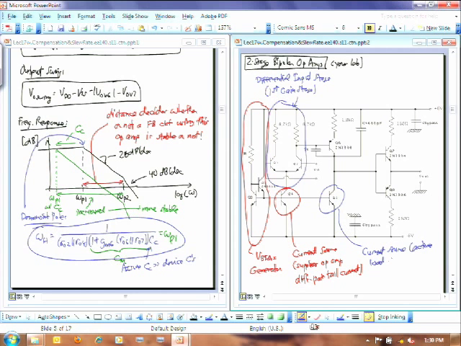And so I should point that out too, right? This whole thing right here is what I just said. It's an emitter degenerated common emitter amplifier. So that's our second gain stage in this.